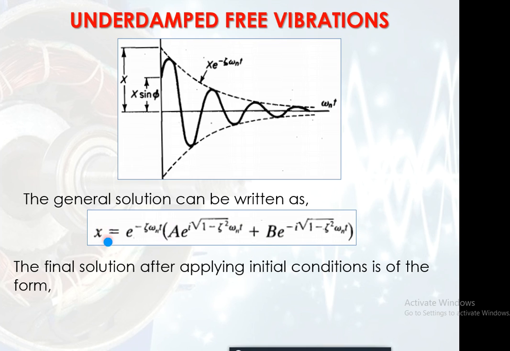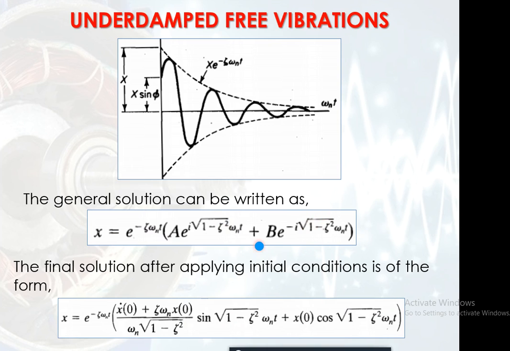This x of t is the response function, this is the decaying exponential function, and these are the corresponding roots. So with given initial conditions, for example if we consider initial displacement and velocity as 0, then we can find out the values of A and B, and putting the values of A and B, we will have the following expression.